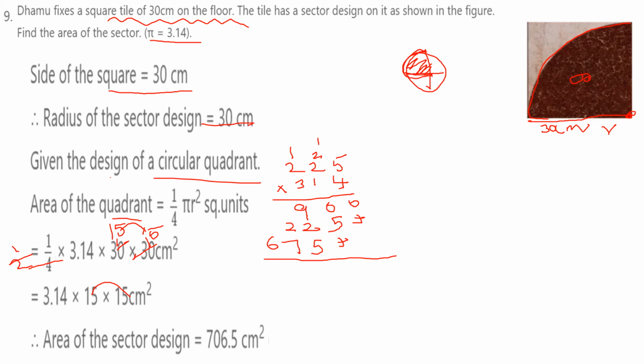So 0, 5, 9 plus 2, 11 plus 5, 16, 1, 1 plus 2, 3 plus 7, 10, 1, 1 plus 6, 7. Here 2 digits left. So 706.5, that is, 0 is not having the value. So simply you write it as 706.5 centimeter squared is the area of the sector design.